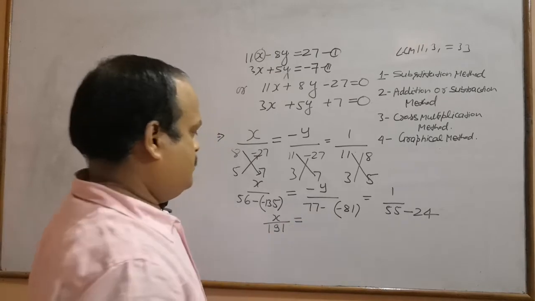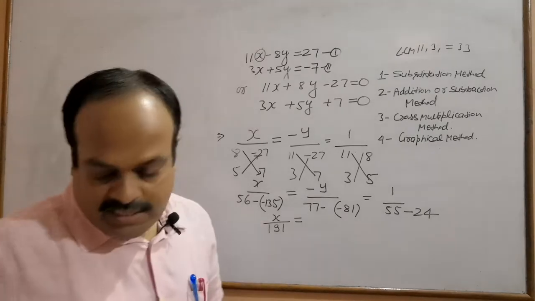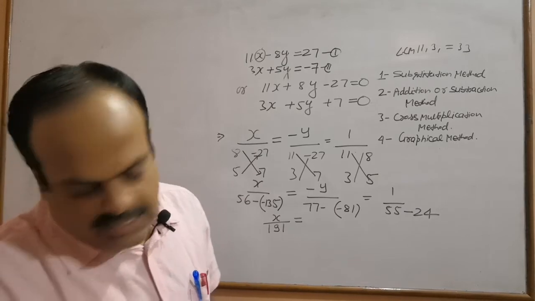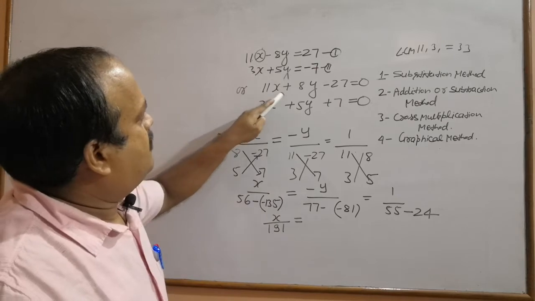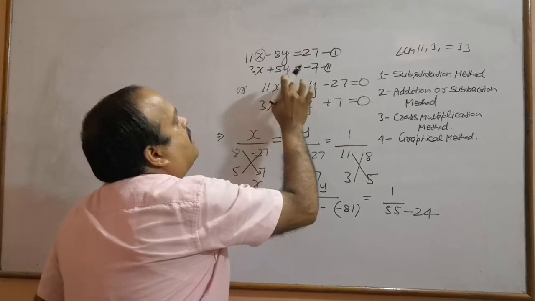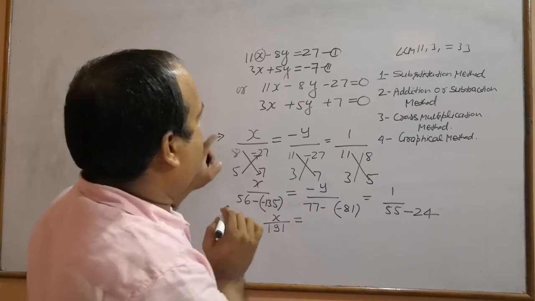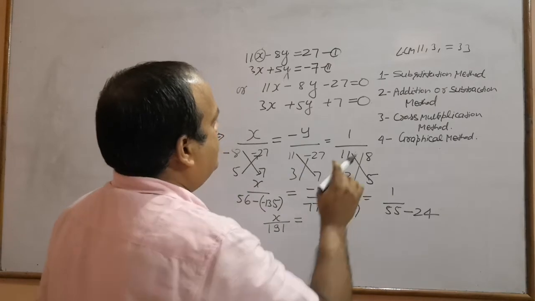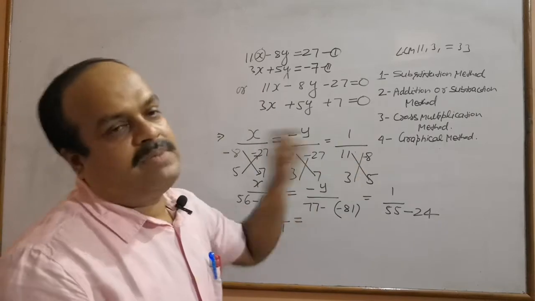Let me see the question again: 11x minus 8y equals 27, 3x plus 5y. Oh sorry, it was minus 8y, that's why it will be minus 8 here. Similarly, here at the place of 8, please write minus 8.